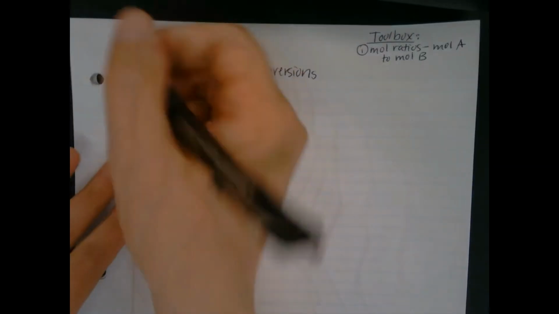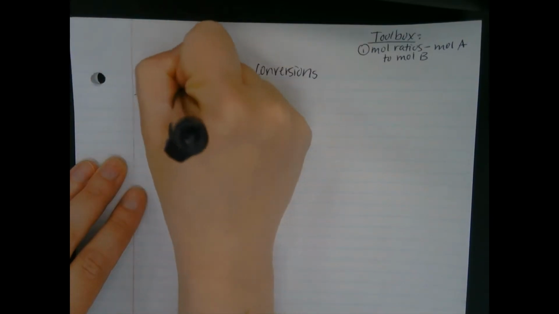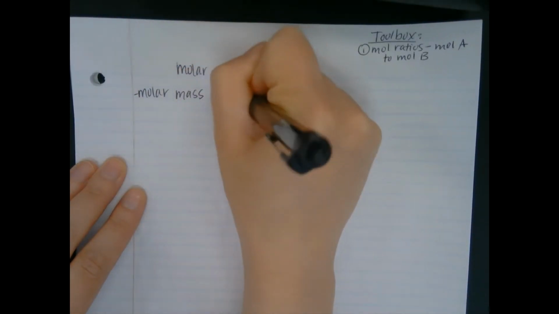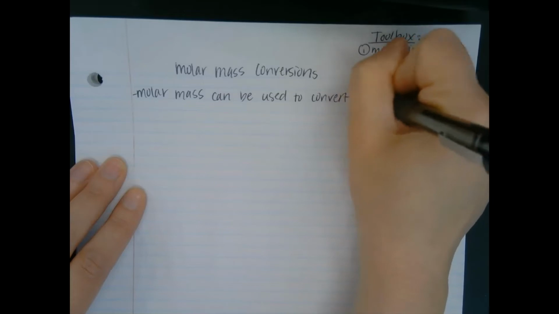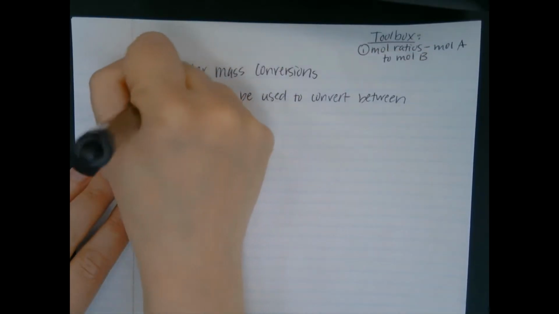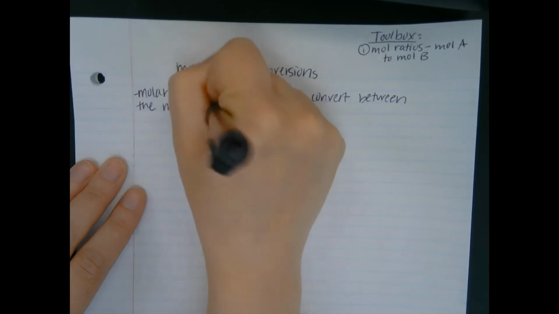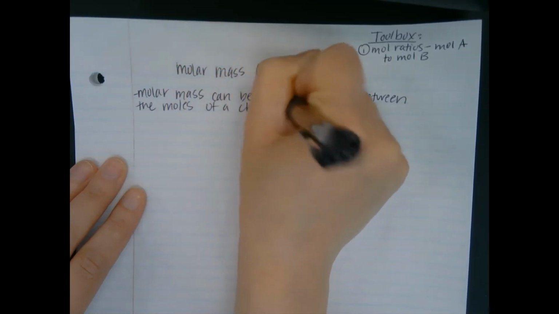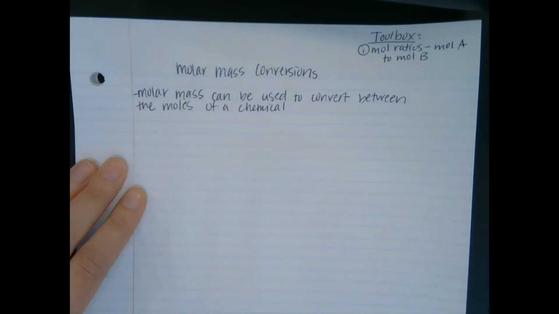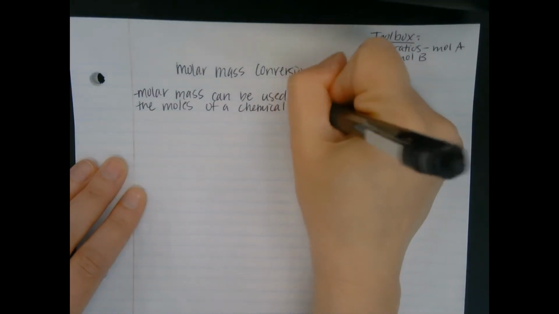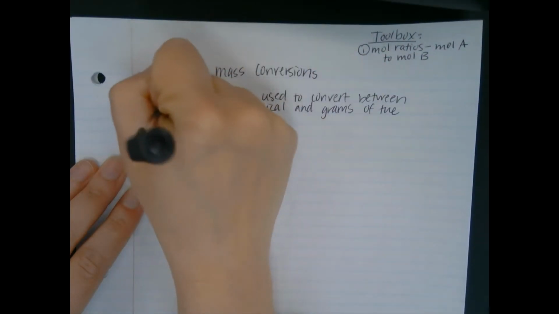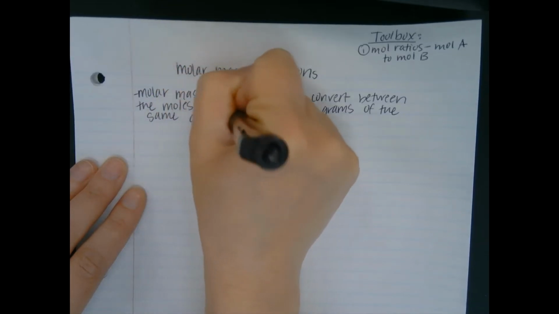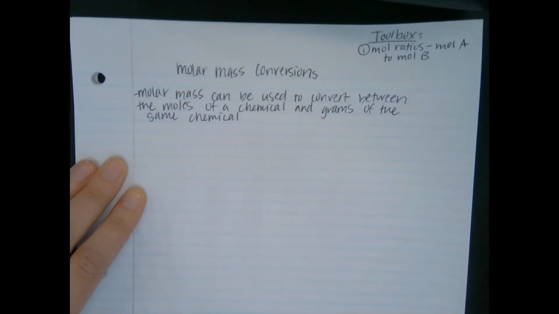Okay, so molar mass can be used to convert between the moles of a chemical, or essentially how many atoms or molecules of that chemical we have, and grams of the same chemical. So molar mass can be used to convert between the moles of a chemical and grams of the very same chemical.